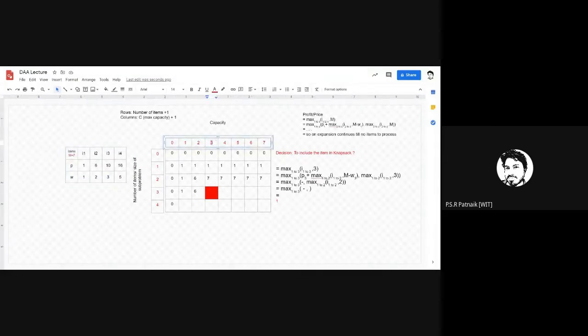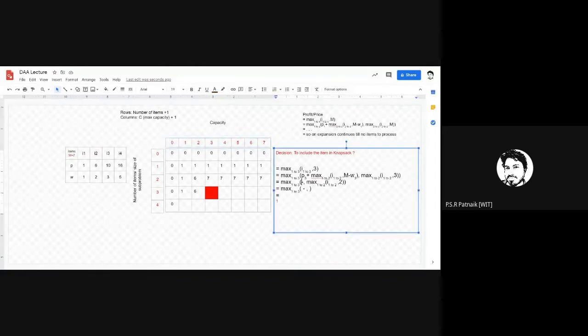So there is a possibility of including this. If there is a possibility of including this, then I'll include this one, right? 10 plus, so what will this become? Max of I1, 2, M minus W3. What is M? M is 3. W3 is 3. So after taking the minus, it becomes 0.